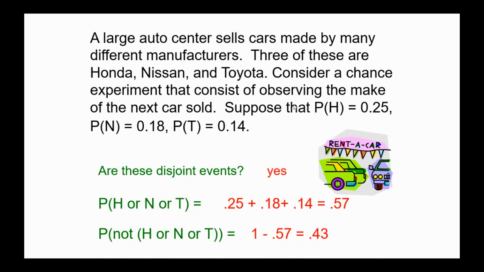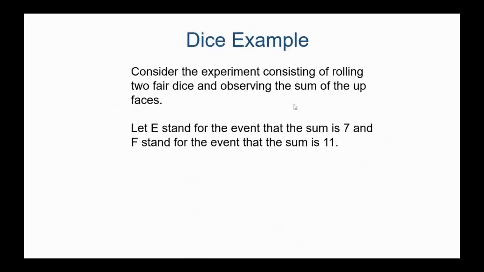Okay, last example. Remember I said this one right here uses the 2 on the previous page. So consider the experiment where we roll 2 fair dice and we look at the sum. E is the event that the sum is a 7. F is the event that the sum is 11.